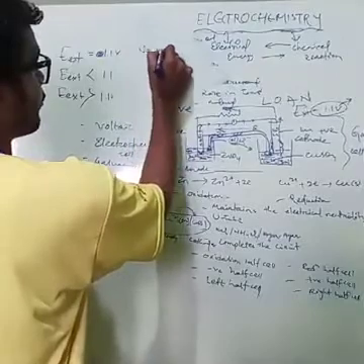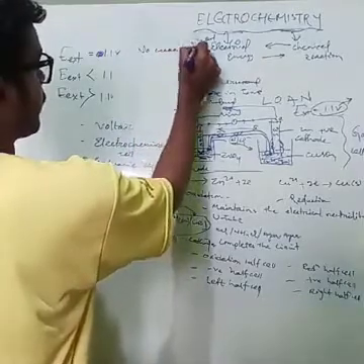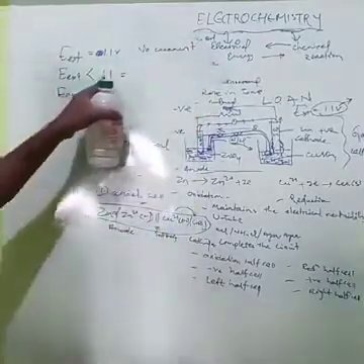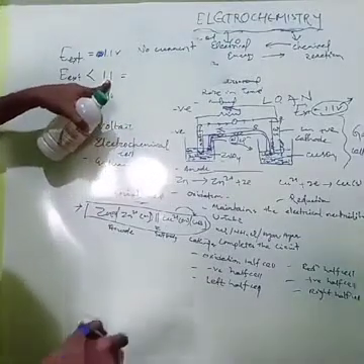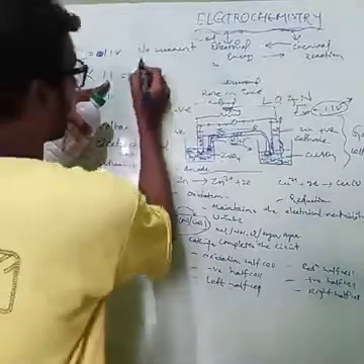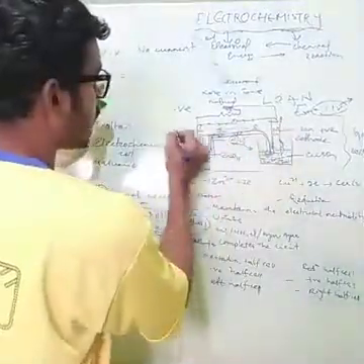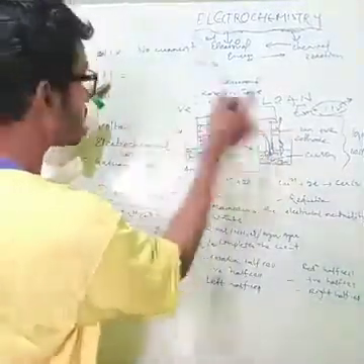If it is less than 1.1 volt, the electron flow will be from negative to positive.